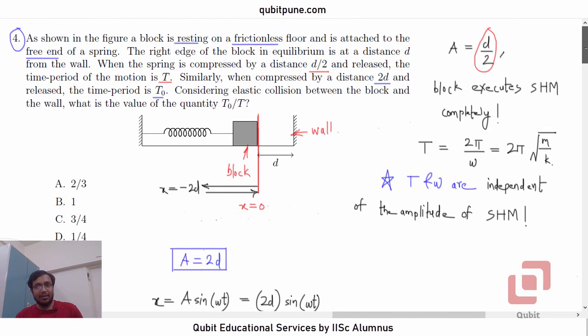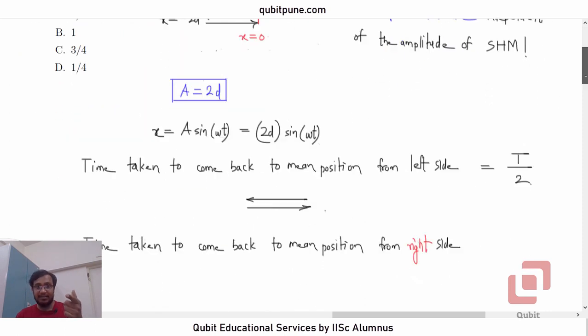Now please note, in the example they have said that the collision between the block and the wall is elastic, which means whatever speed the block had before it reached the wall, it will be reflected, sent leftwards with the same velocity. So we can now say that the total time taken by the block from mean position to the wall and again come back from wall to its mean position will be the same, because of the elastic collision.